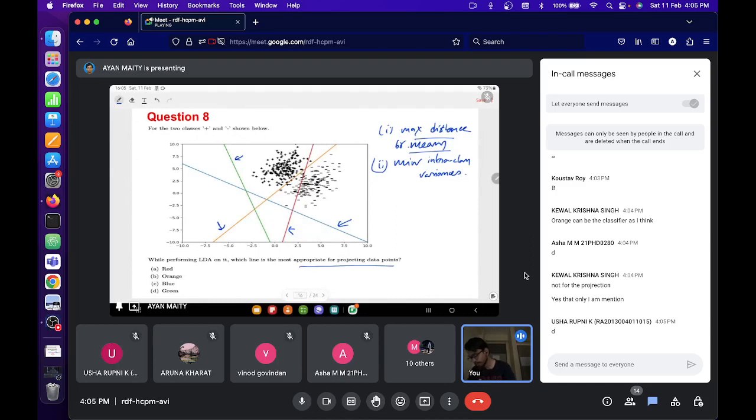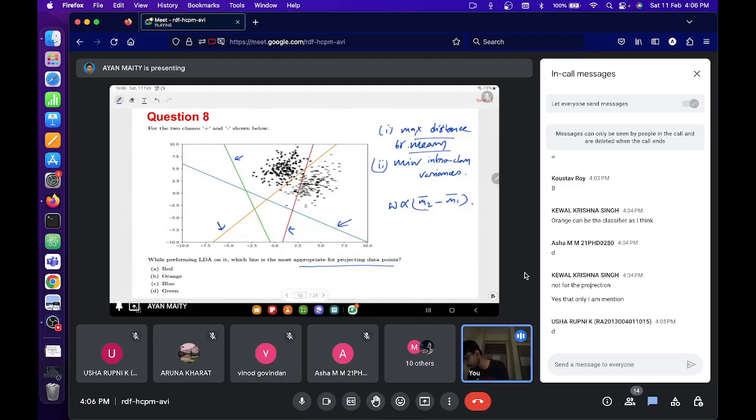If you have followed the LDA lecture, sir has already shown that W, the direction of the projection line, represented as a vector, is proportional to m2 bar minus m1 bar, where m2 bar is the mean of the second class and m1 bar is the mean of the first class.